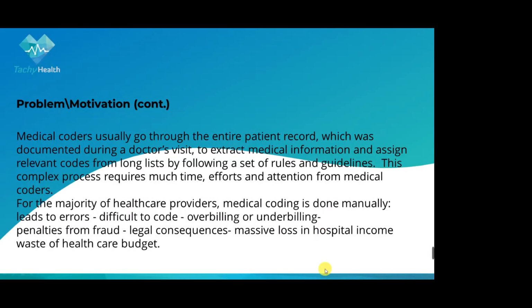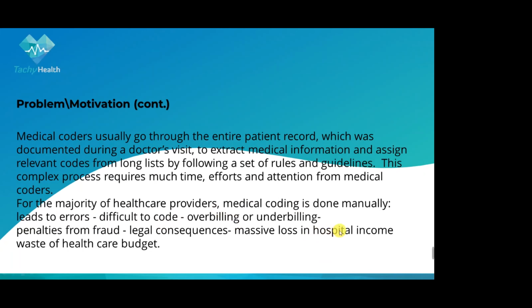This is important because sometimes errors happen, such as a difficult coding process or overbilling or underbilling because you extract the wrong numbers, which consequently can lead to legal issues.